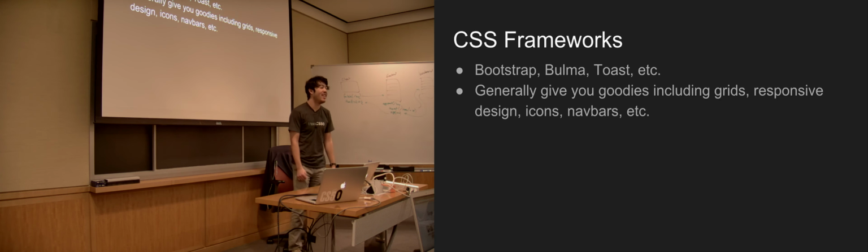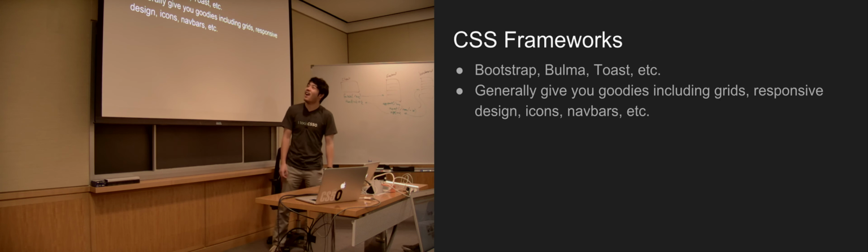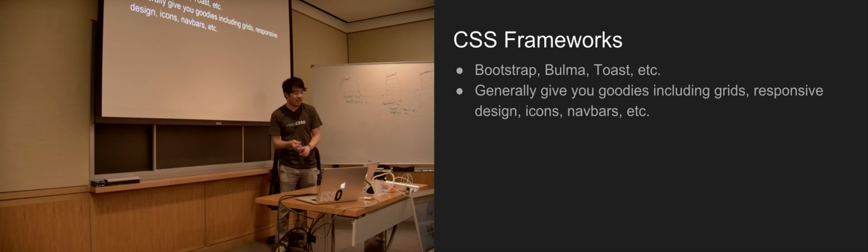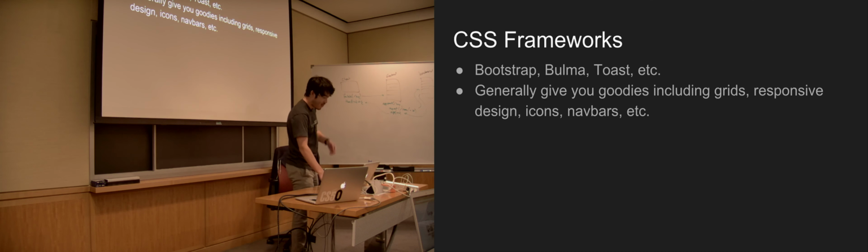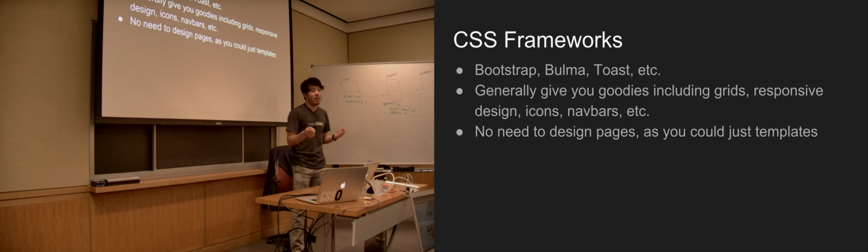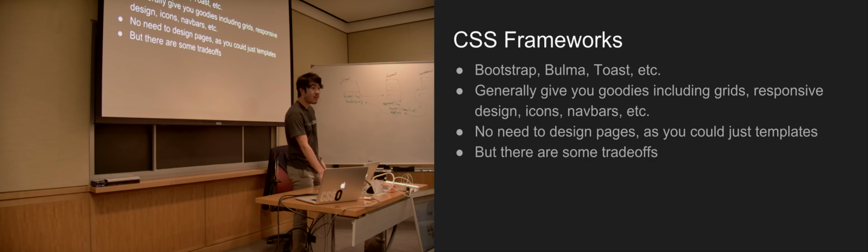So they give you goodies like grids, responsive design, icons, nav bars. And then you don't really have to worry about designing pages because there are templates built in. You can just call those templates. What are some trade-offs? Not customizable, a lot of memory, and then just a lot of network requests back and forth.